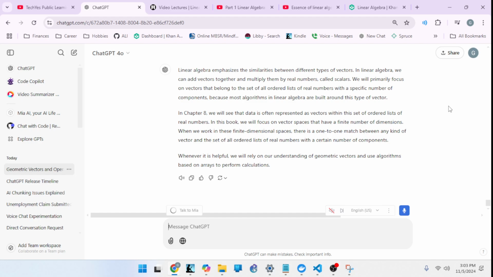In this book, we will focus on vector spaces that have a finite number of dimensions. When we work in these finite dimensional spaces, there is a one-to-one match between any kind of vector and the set of all ordered lists of real numbers with a certain number of components. Whenever it is helpful, we will rely on our understanding of geometric vectors and use algorithms based on arrays to perform calculations. Perfect. Okay, so moving on.